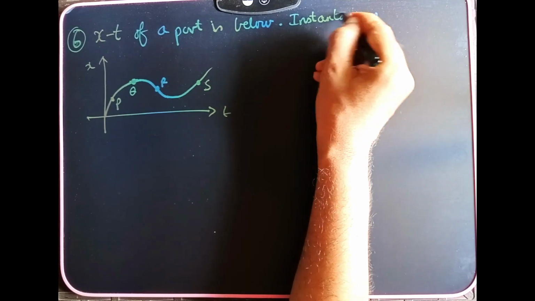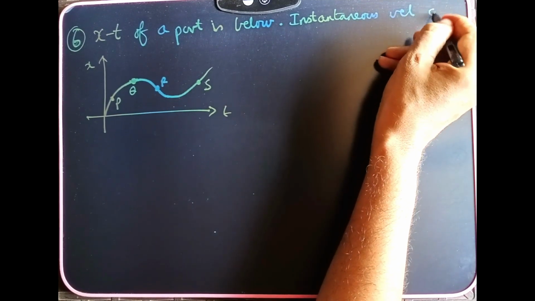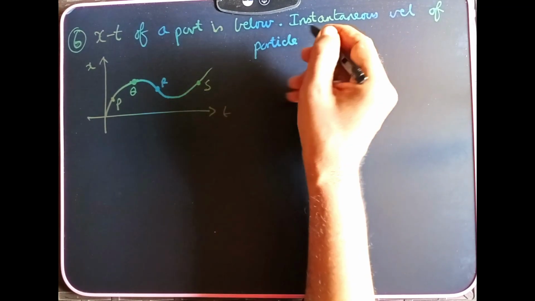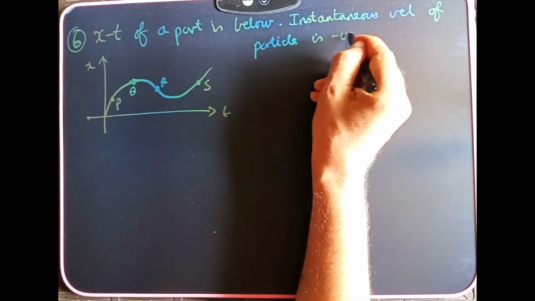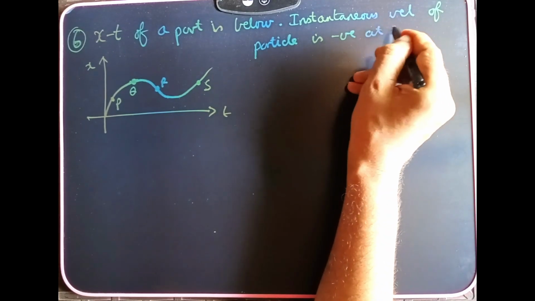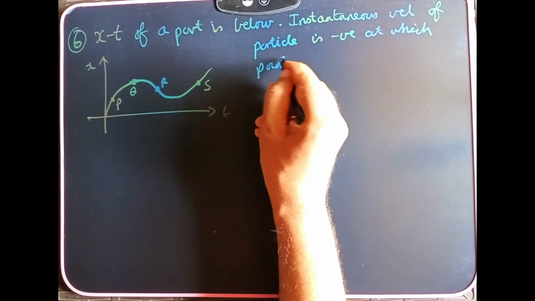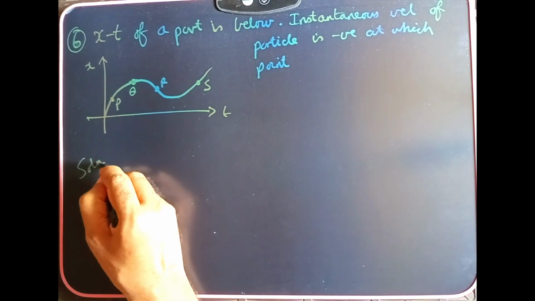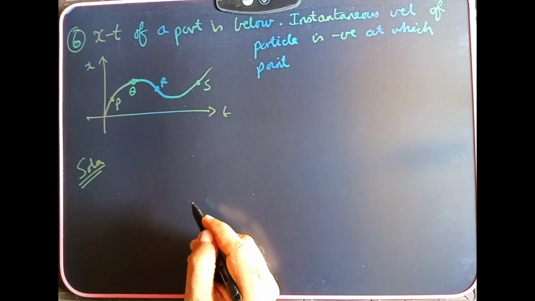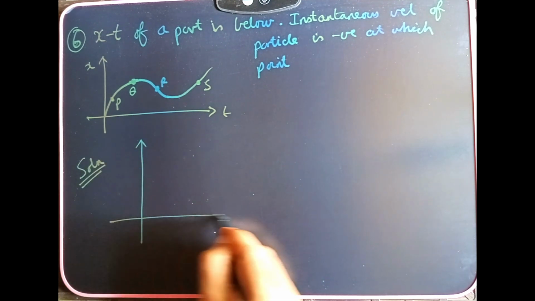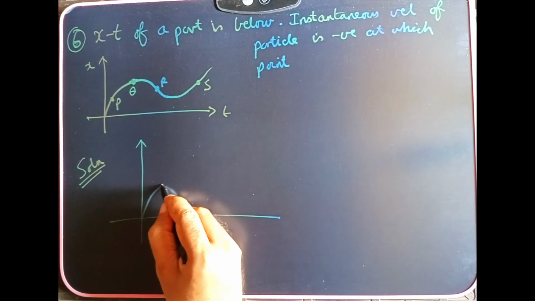The question is: instantaneous velocity of the particle is negative at which point? So let's try to solve this one. Let's plot the graph again here. The graph is something like this.